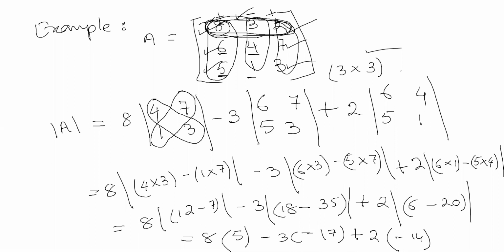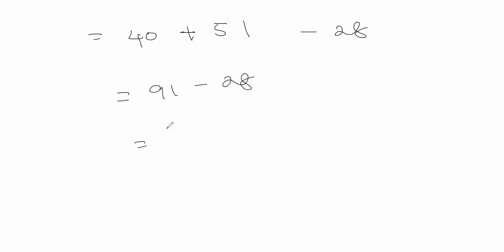So ultimately, what do we get? We get a value for the first one as 40. Then for the second one, negative negative becomes plus 51, and for the last one it is negative 28, which is equal to 91 minus 28, which is equal to 63. It is not equal to 0.